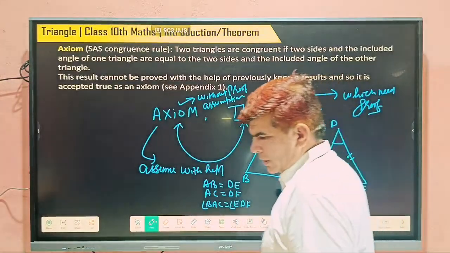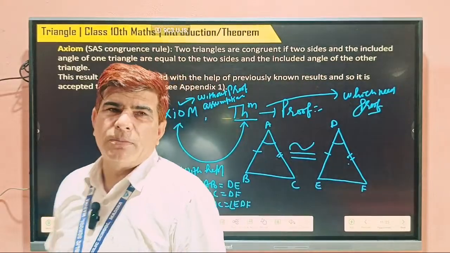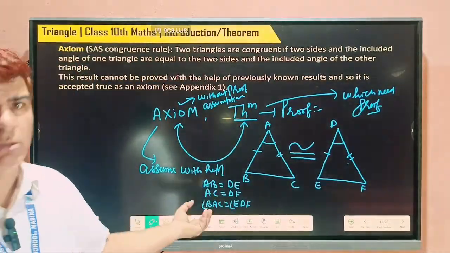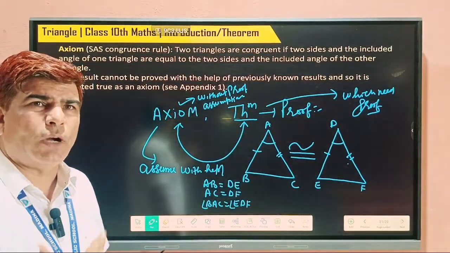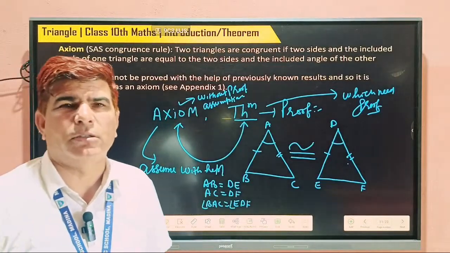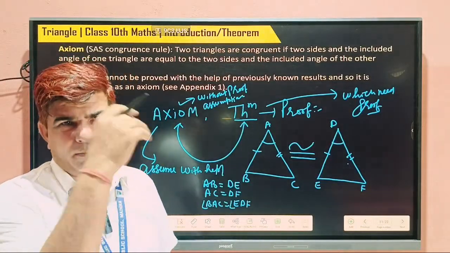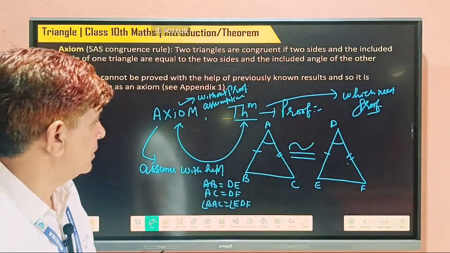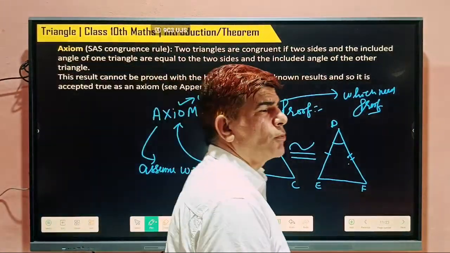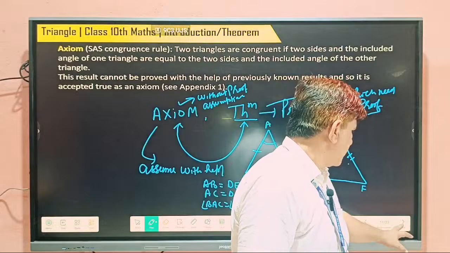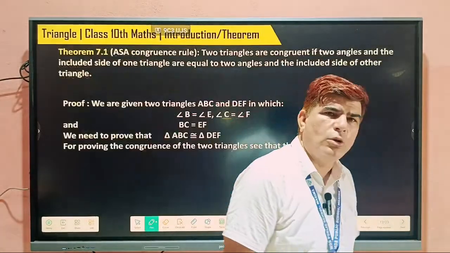Understood? Yes or no? Taking an example: if you go to school, what is it for? To get an education. So that is just like an axiom. Understood? And a theorem needs proof. So this is the difference between axiom and theorem.